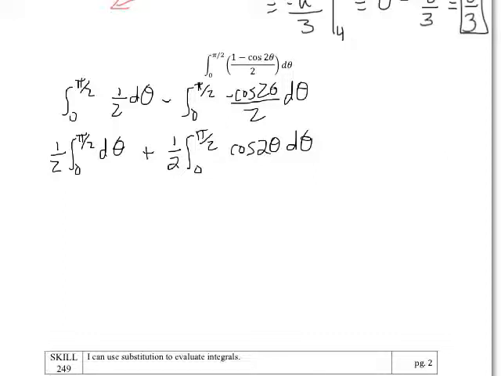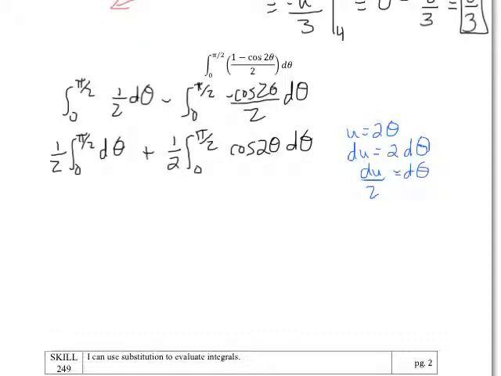And we're going to need to use substitution for this integral, but not this integral. So I'm going to do a u substitution of, we'll let u equal 2 theta, which means du equals 2 d theta. Or if you wanted to, du over 2 equals d theta.